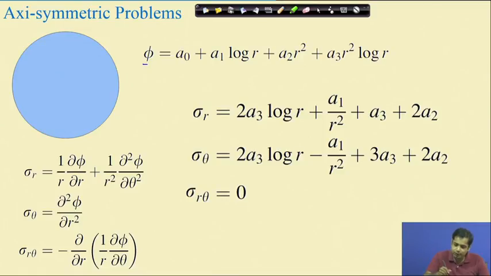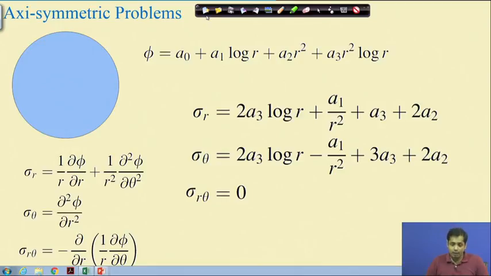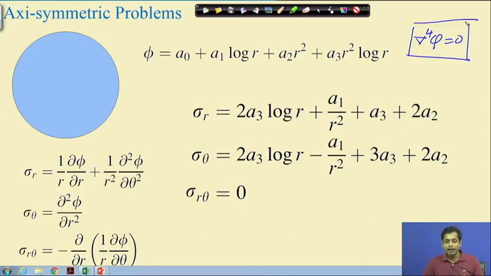One exercise that you have to do is check whether this phi satisfies the biharmonic equation or not, whether del 4 phi is equal to 0. You have to check this first.